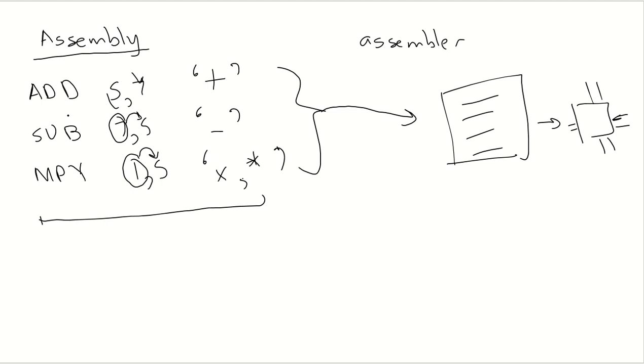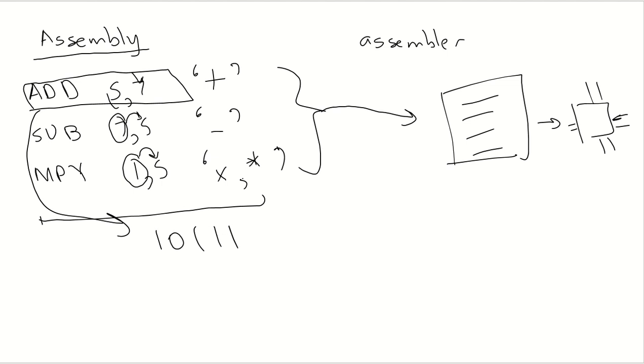As an example, it will take this instruction and change it into 10111 and 00111, and feed this into the processor. So this is assembly language, but if you see the number of operations that we have to write here is kind of limited.